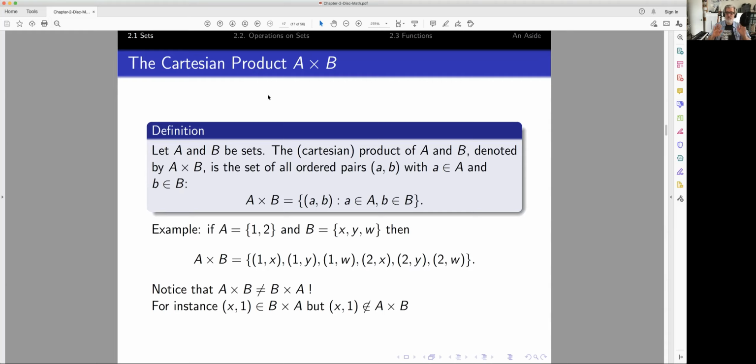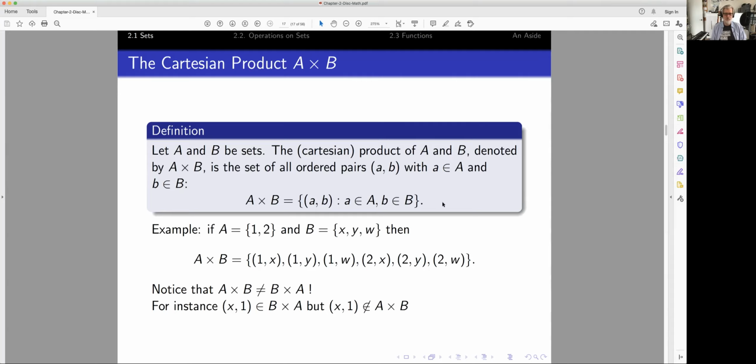A times B might not be the same thing as B times A. They are different sets. With my earlier notation, it's a bit shorter to write this way: A times B is the set of all pairs (a, b) such that a is in A, b is in B.